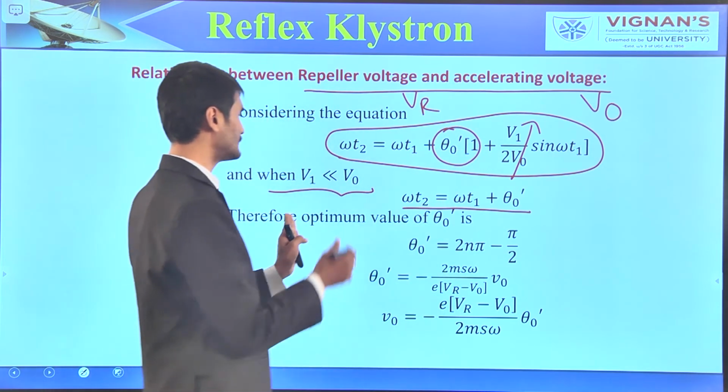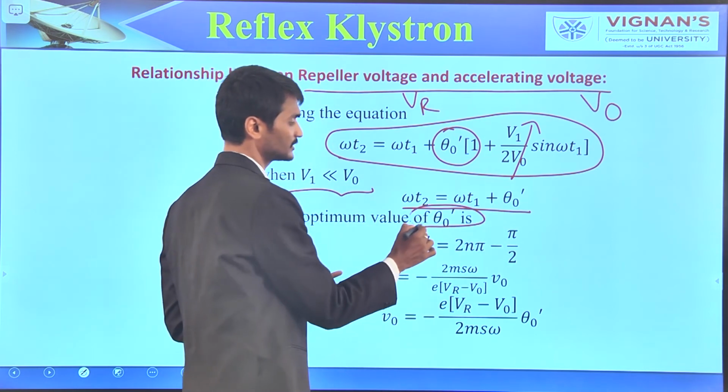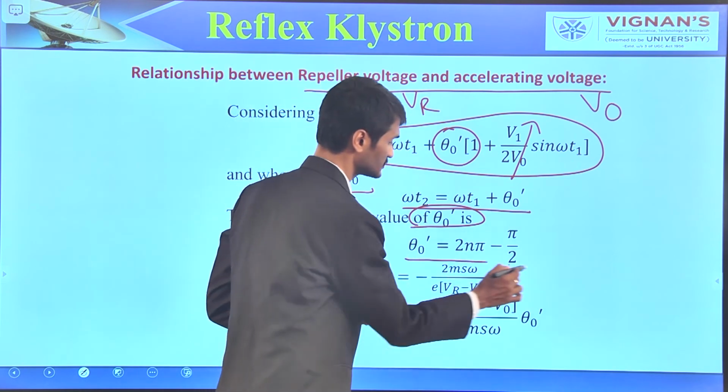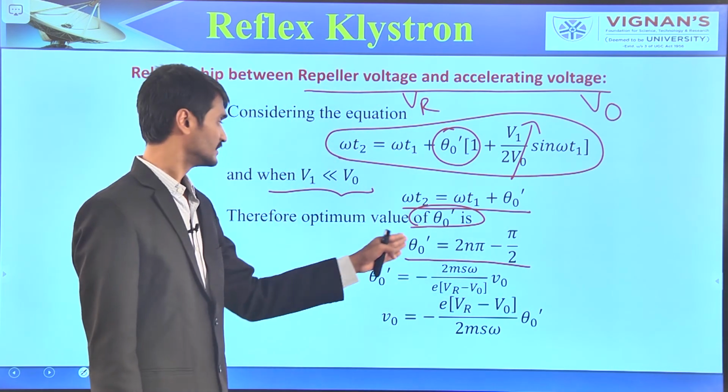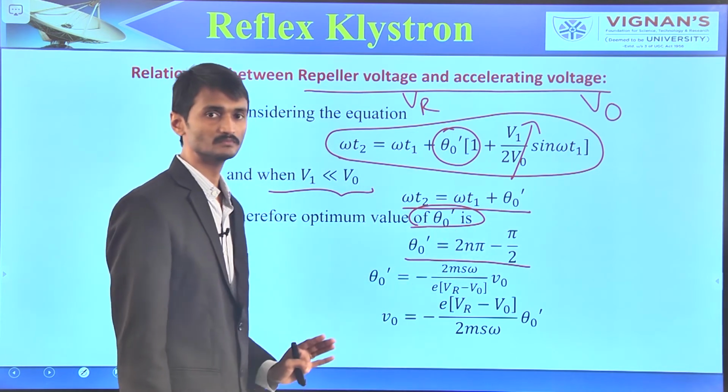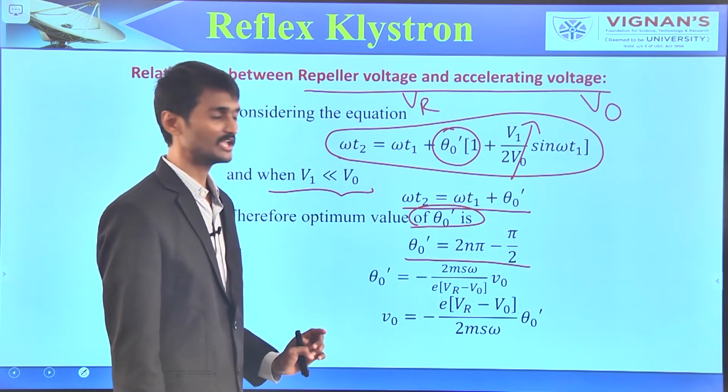Therefore the optimum value of theta naught prime, or theta naught dash, as we have already seen, is 2n pi minus pi by 2.